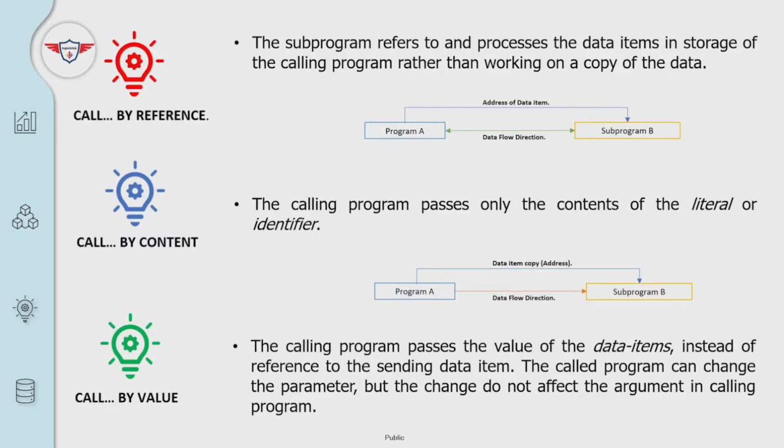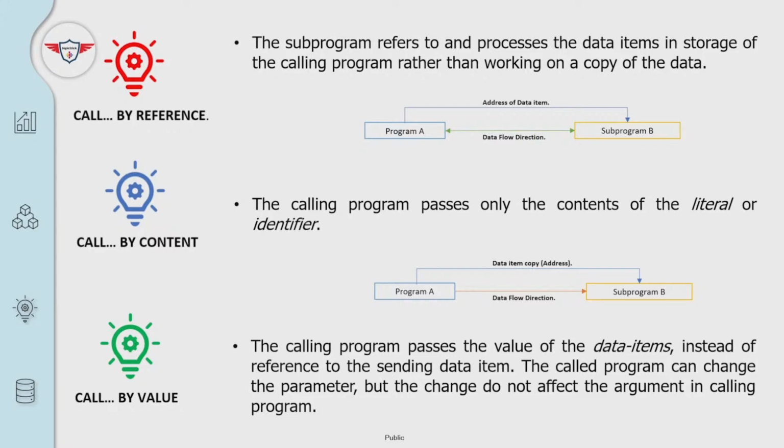What it does is create a copy of the variable or the data item, and then pass the address of that particular data item to program B. And if the subprogram makes any changes to those variables or the data item that it has received from program A, then those changes will only reflect in program B. It will not be reflected in program A, and the reason behind that is that both programs are actually accessing different memory locations.